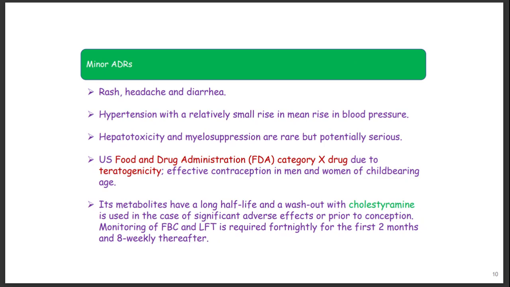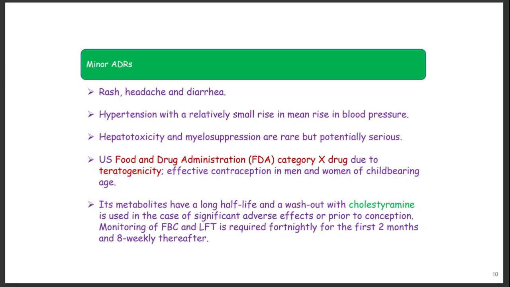Its metabolites have a long half-life, and a washout with cholestyramine is used in the case of significant adverse effect or prior to conception. So if you take this drug a lot and you think it is leading to bad effects, you can remove it from the body using cholestyramine, or prior to conception.